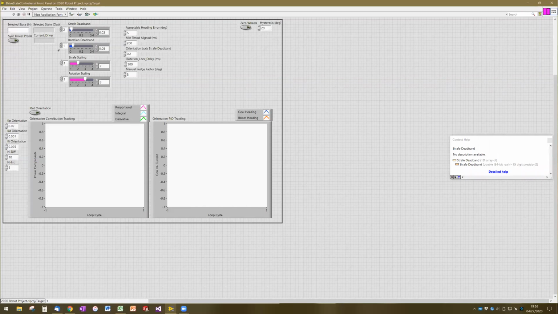The problem is that when the robot code is running live, so we're deployed and we're changing the values on the laptop, that's okay. But when we're out there on the field and the code is only running on the robot and not on the laptop, there are no indicators. And it turns out that LabVIEW actually crashes when you try to change an indicator that doesn't exist on a real user interface.